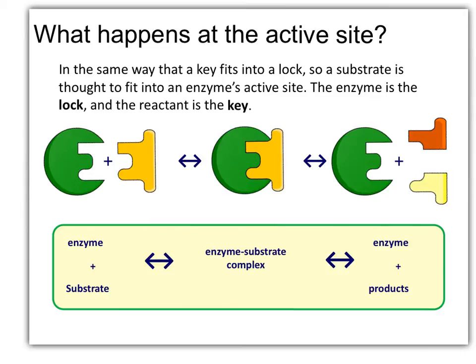So if we have a quick look at this, we can see that the green molecule is the enzyme. Okay, so this is the enzyme. We also have the yellow molecule, which is the substrate.